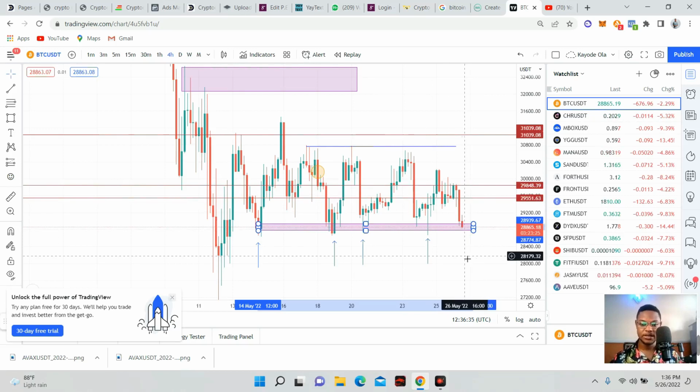If you are selling the retracement, you can either sell at a support, because when it comes to trading this kind of market, it's not advisable to hold.